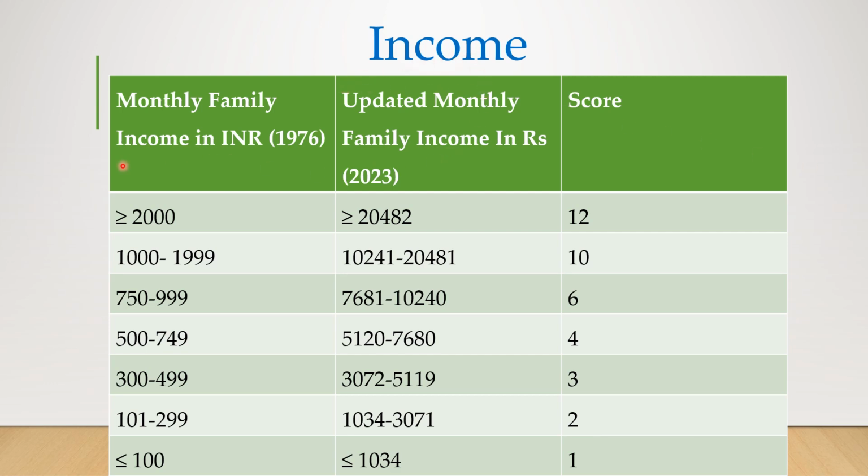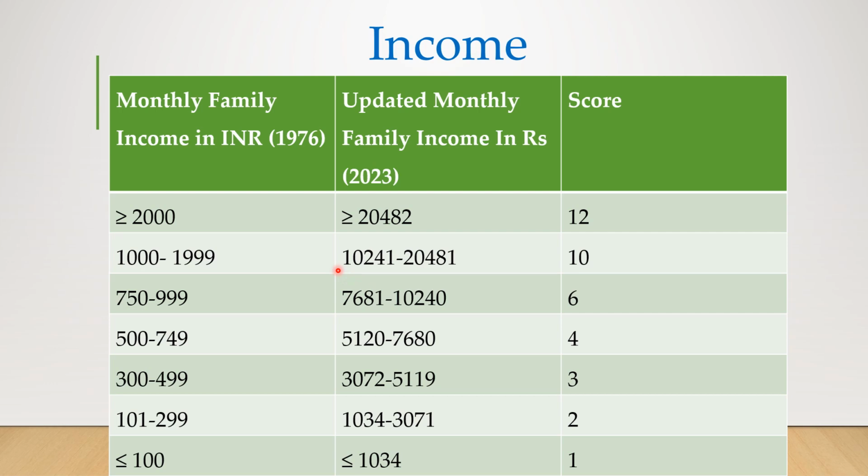Now the income grouping. In this column, the income grouping is based on the original scale developed in 1976, and parallel to it, in this column, we have the updated monthly family income in rupees as of 2023. If the monthly family income is greater than 20,482, the score will be 12.